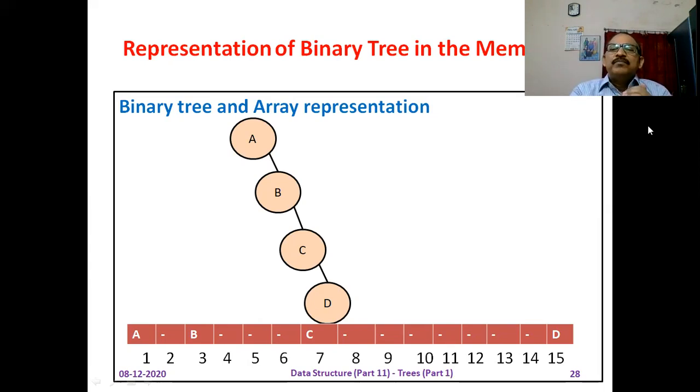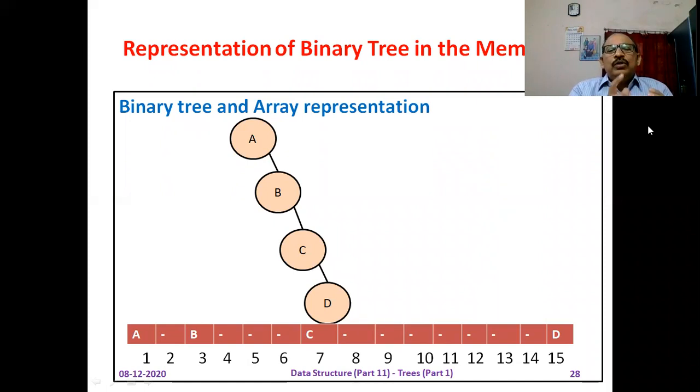Here height is 3. The 2 to the power 3 plus 1, that is 2 to the power 4 minus 1, that is 15. We need 15 memory locations to store this tree, and this tree has height 3, to a computer memory.